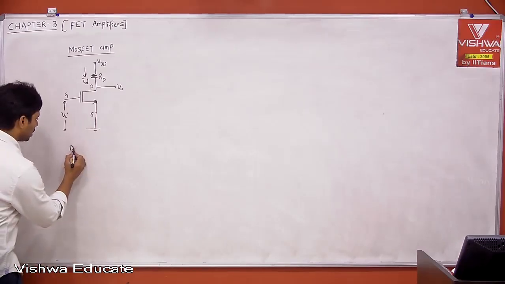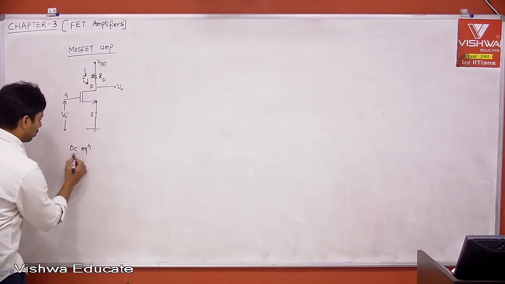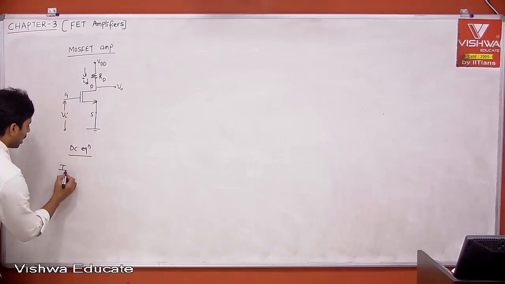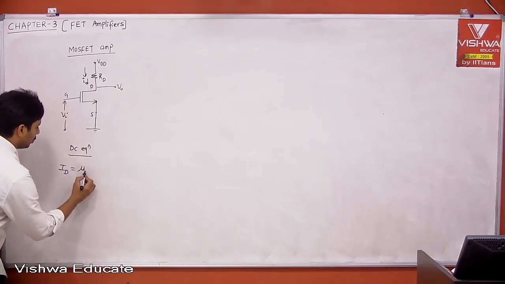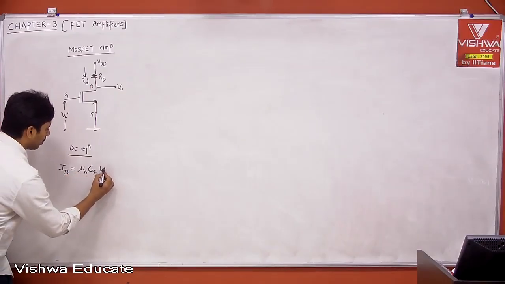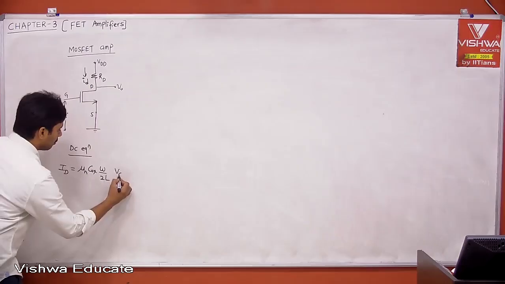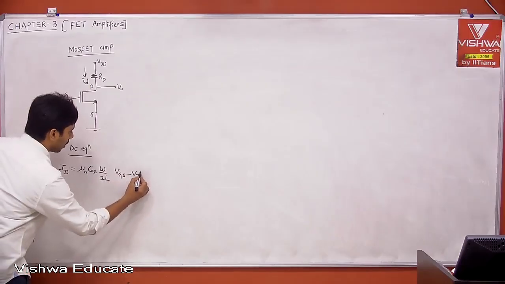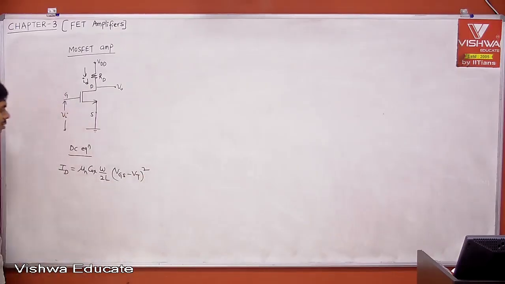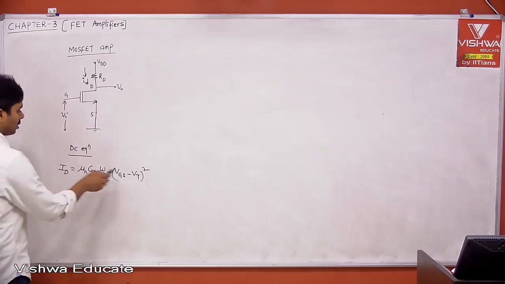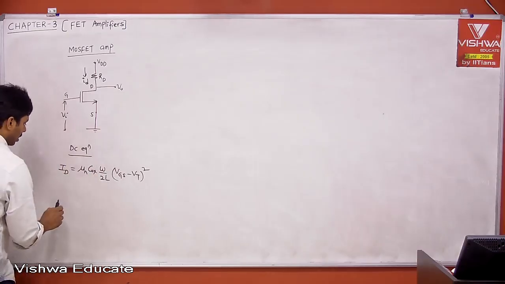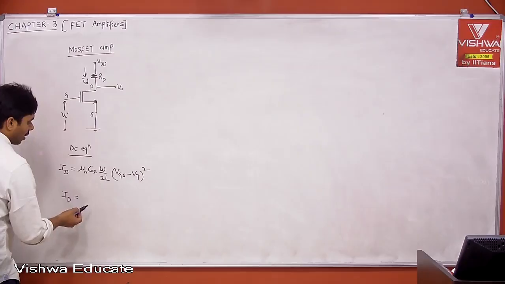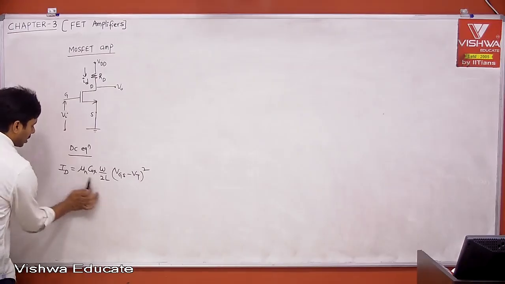If you consider the DC equation, what is the DC equation? ID is equal to mu n Cox W by 2L into (VGS minus VT) whole square. Level 1 or ideal model. Tell me what is the relation between VGS and ID.